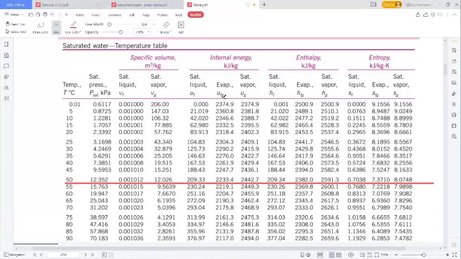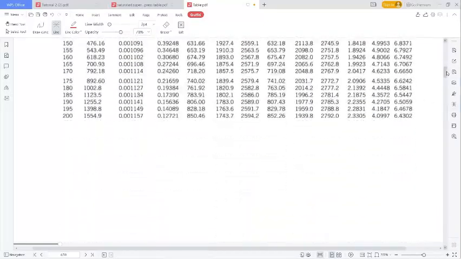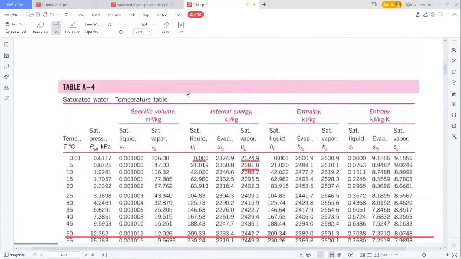There is a Uf, and Ufg is nothing except this value minus this value, 2374.9 minus 0.0, thus you get 2374.9. For example, using your calculator, you can prove that 2381.8 minus 21.019 gives you Ufg, which is 2360.8. So that is for the saturated water temperature table.